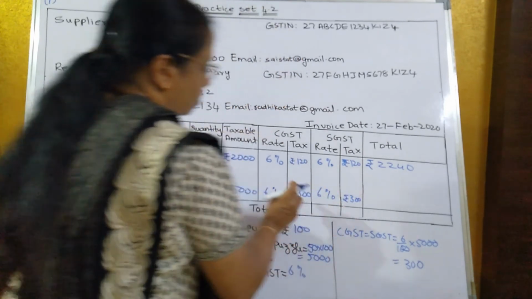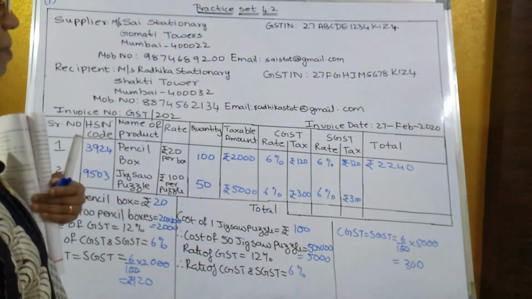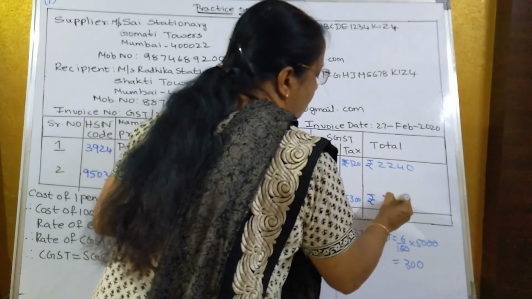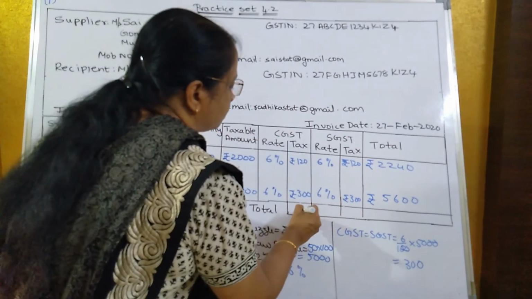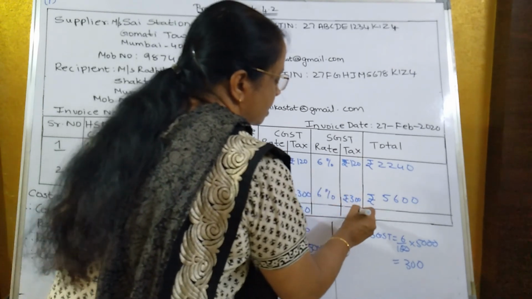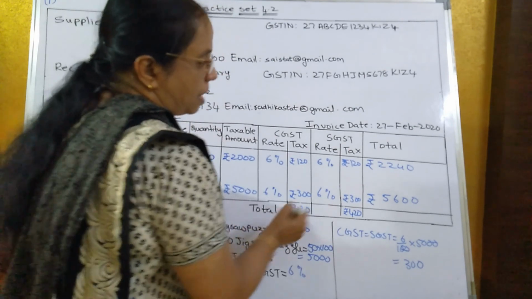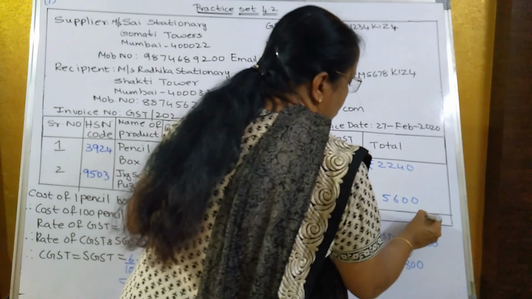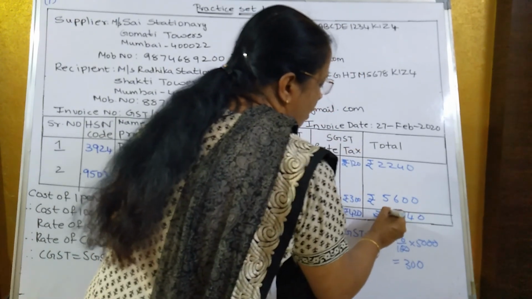Now 300 plus 300, 600. 600 plus 5000. So the recipient has to pay 5600 rupees. So total will be how much? 420 rupees of CGST. Here also it will be 420 because they are always the same. And the total amount which the recipient has to pay is 7840.